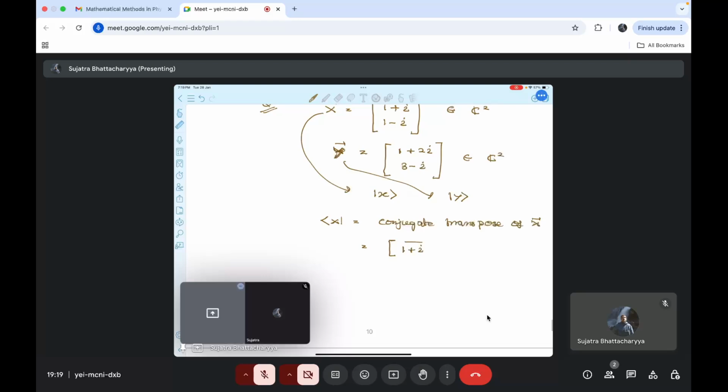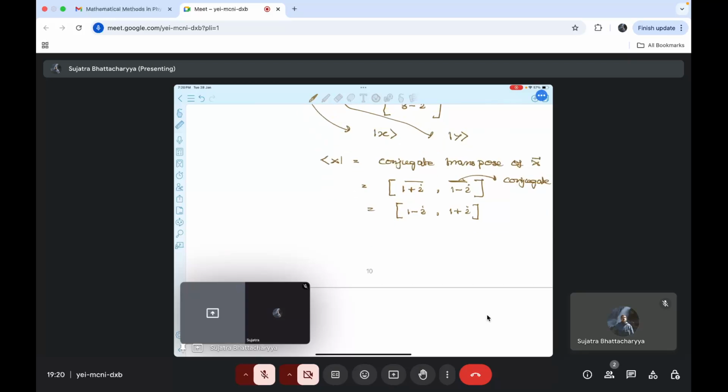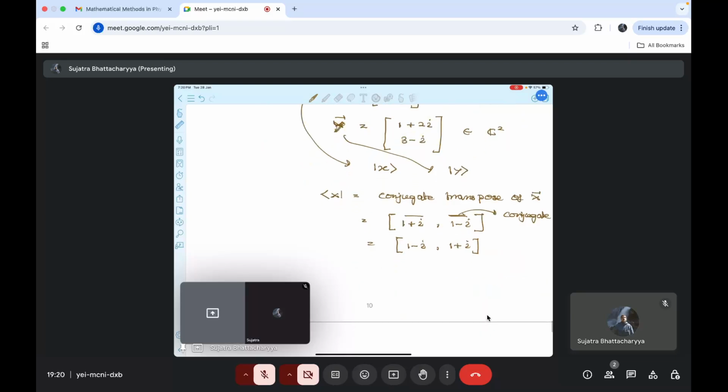So conjugate of 1 minus i, with the transpose. Now 1 minus i will be 1 plus i. So this is the symbol of conjugate. What you do in the conjugate is just change the sign before the iota. Okay, so this is what you have.